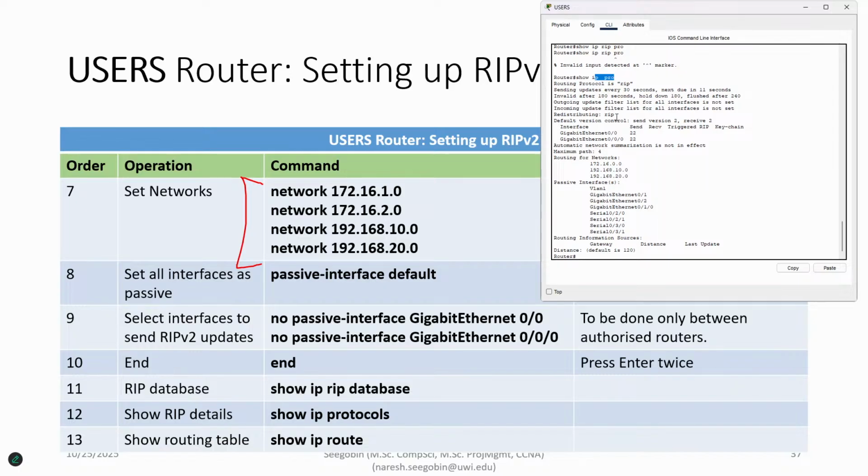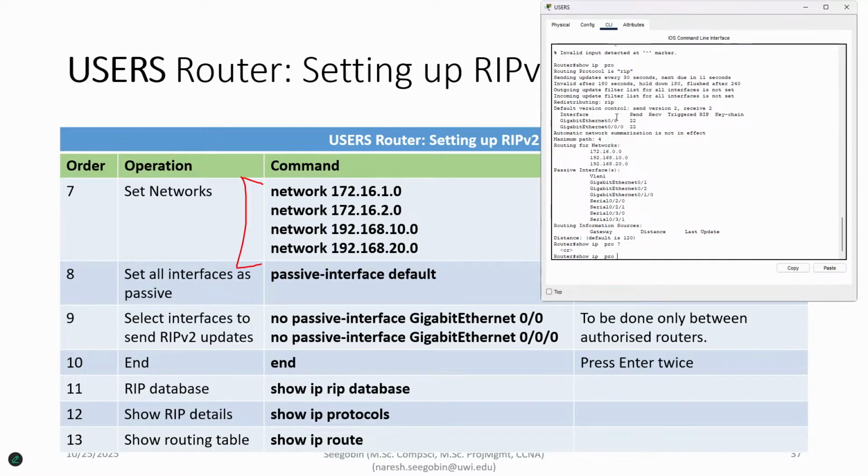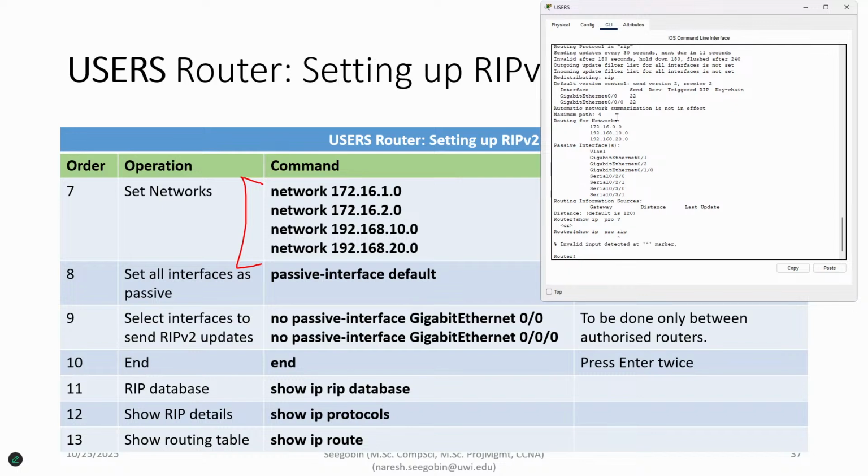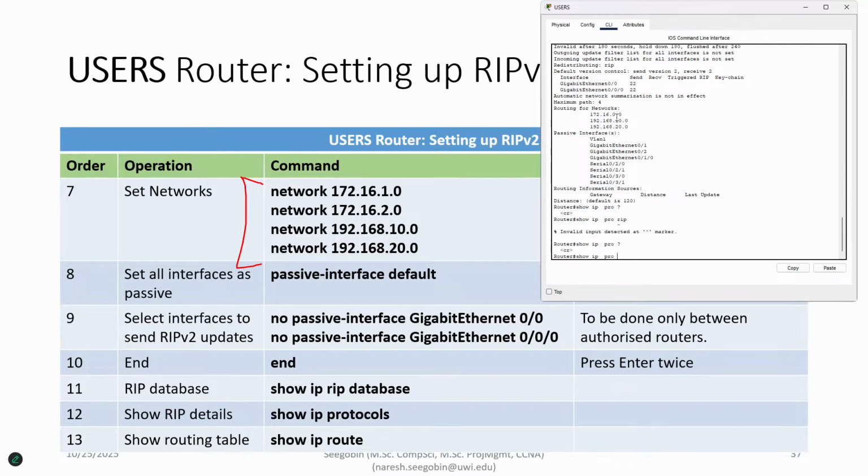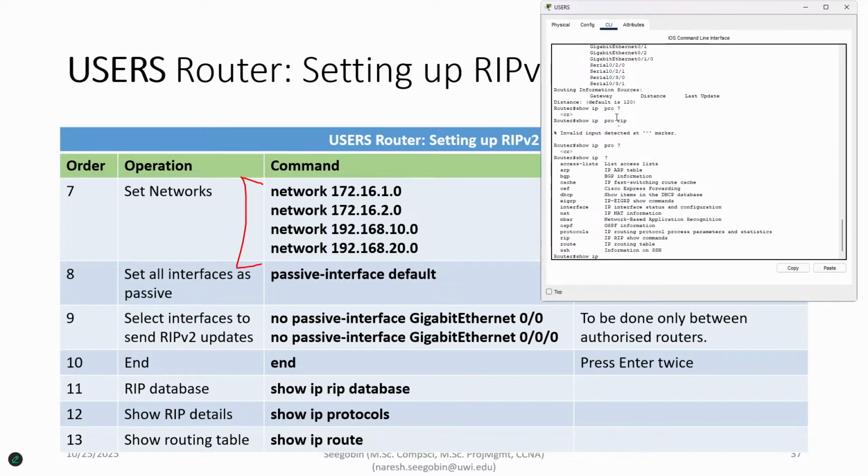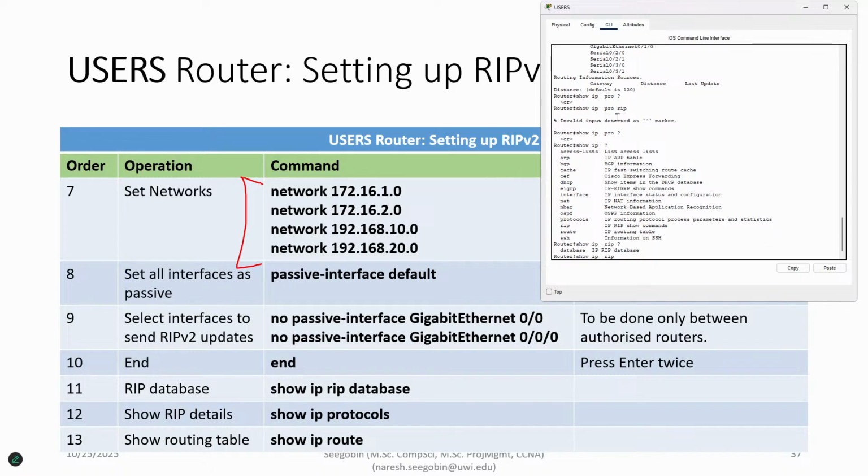You do that on one router as a border router, quote unquote, between different routing protocols, and you do show ip protocols, it's going to show all of them. You can actually show ip protocols and specify RIP or EIGRP or OSPF. Right, so show ip protocols, let's go back again.